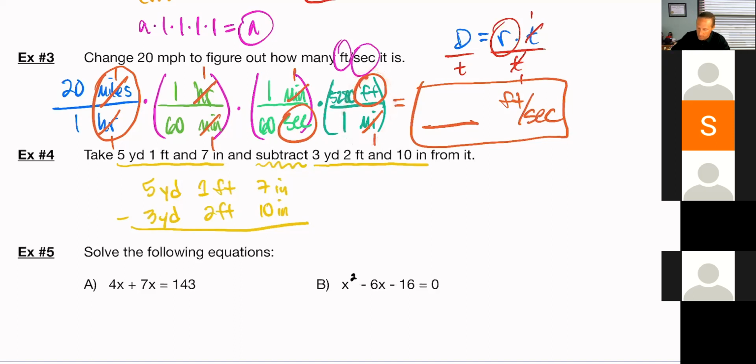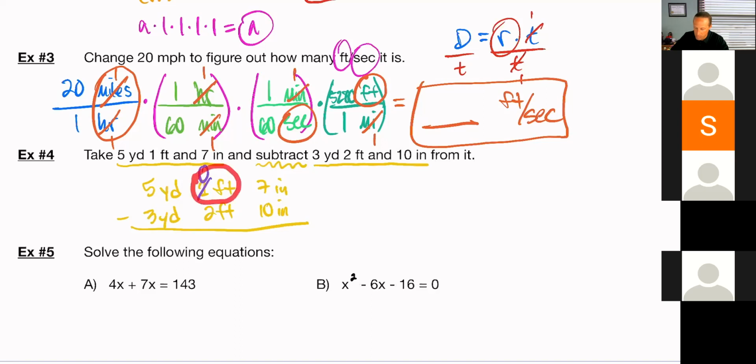Okay. So I'm going to borrow from this 1 foot, which would now give me 0 feet. But here's where a lot of people make mistakes. That's what they'll put. We just got done reviewing how many feet and how many inches are in one another.